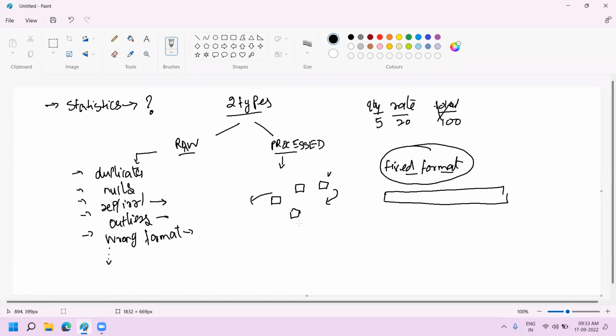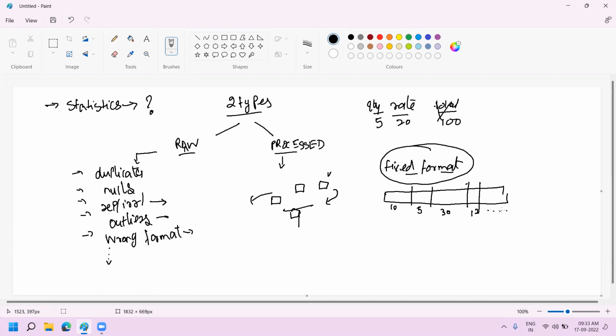The first 10 entries of the line will represent customer number. The next 5 characters will represent some area code. The next 30 characters will represent the name. So this is agreed: 10, 5, 30, then let's say gender, which is 1. And then it goes on. So this is a fixed format.